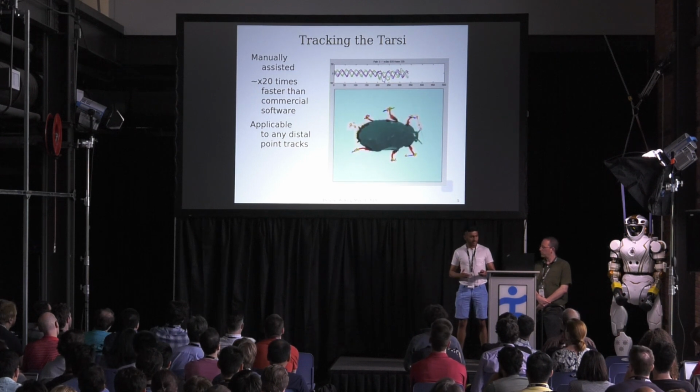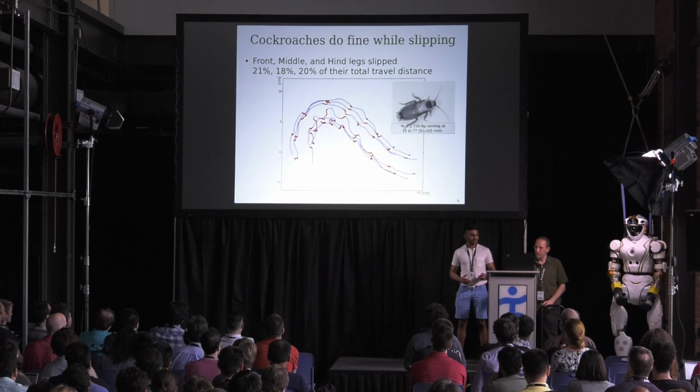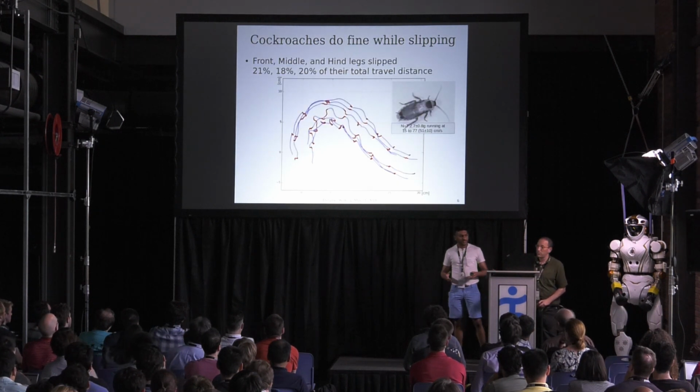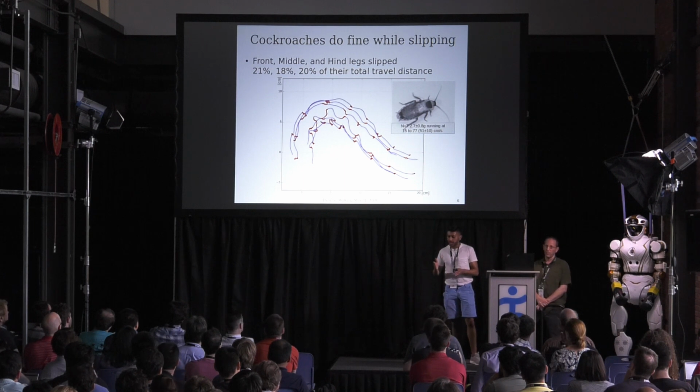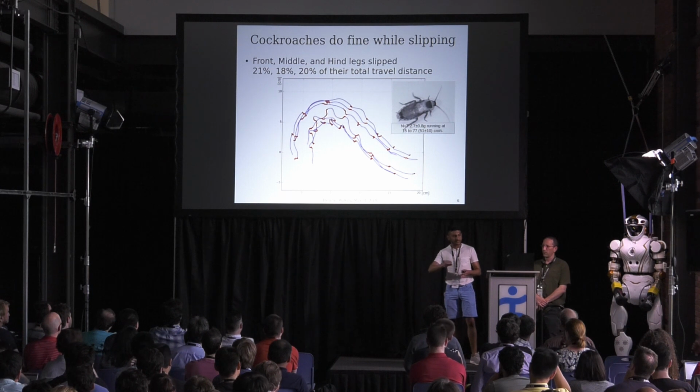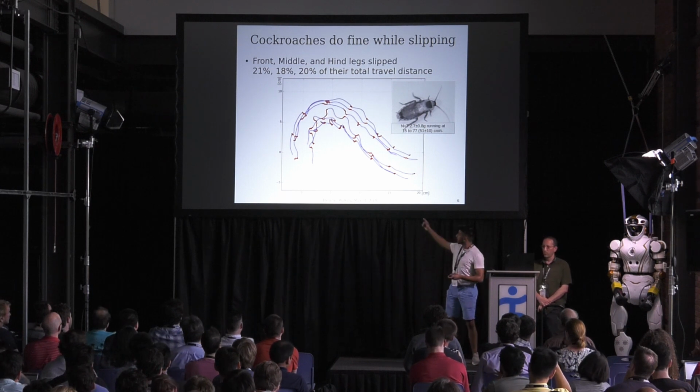And we found an interesting result. We found that cockroaches, as they're running across a foam core surface, slip 1/5 of their total travel distance. Even when they're walking straight, running right or left, 1/5 of their total travel distance is in slipping. The slipping here can be shown by the red tracks.